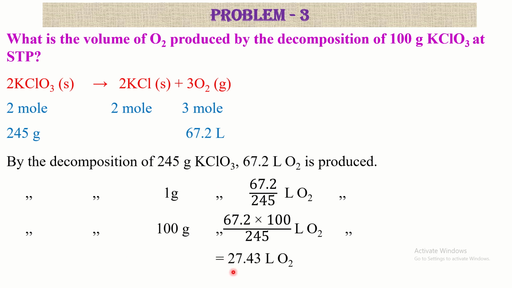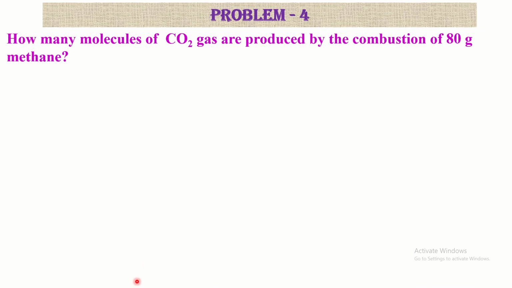It comes 27.43 liter oxygen. That means by the decomposition of 100 gram potassium chlorate, 27.43 liter oxygen is produced. This is the required answer, 27.43 liter oxygen.